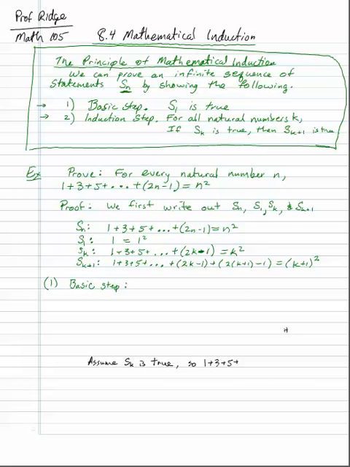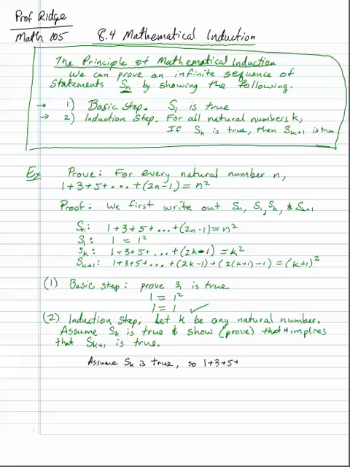That's pretty easy. We want to prove S sub 1 is true, so you just verify it. S sub 1 is 1 equals 1 squared, and the answer is yes. That's obvious, 1 equals 1. So that's true. And then our second step: we have to show that you can pick any arbitrary k and assume that's true.